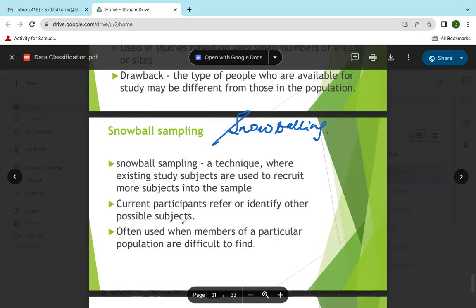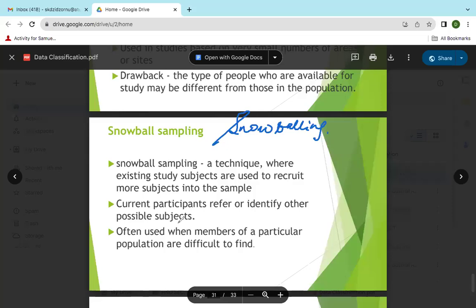So the study investigator uses existing units to obtain more units to be included in the sample. It's more like a referral system. When I participate in the study, I can refer another person. The other person can also make another referral, and by the time I'm done, I have the sample size that I'm looking for.